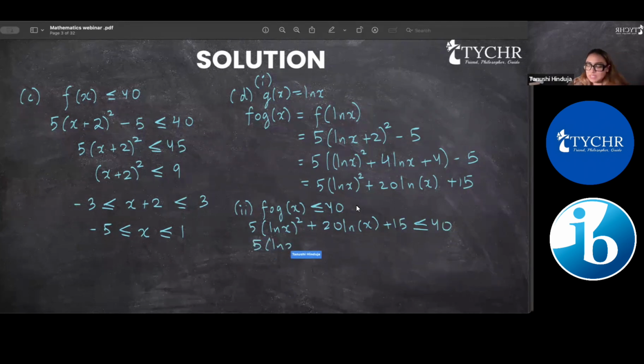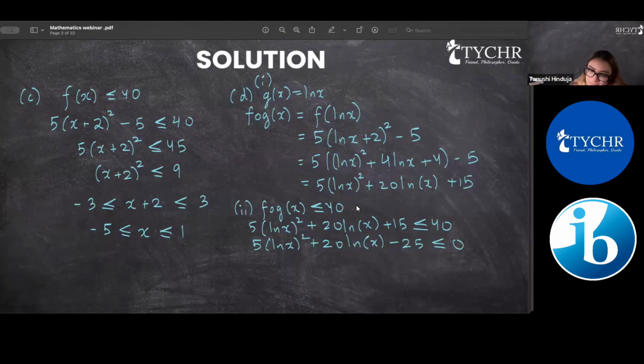So 5 times (ln x) squared plus 20 times ln x minus 25 is less than or equal to 0.